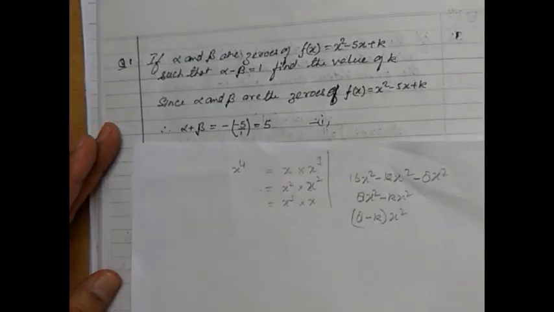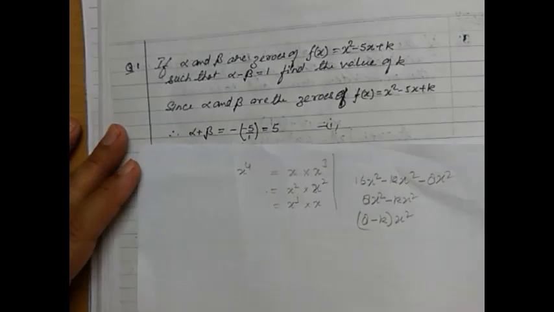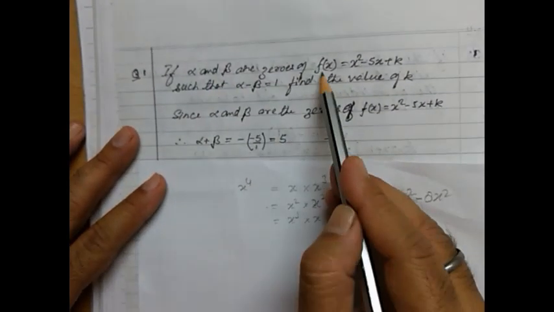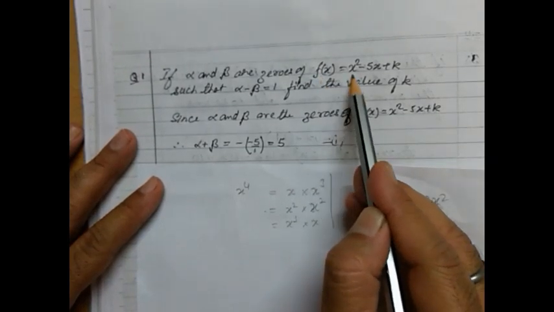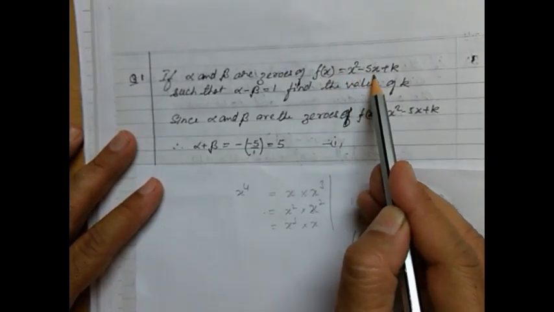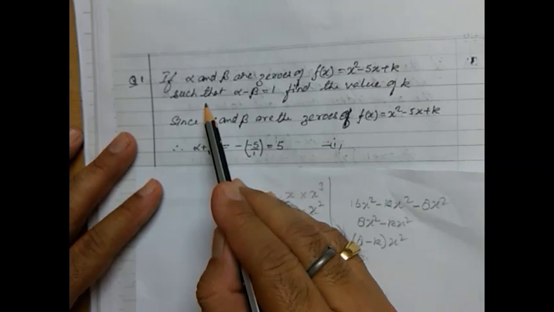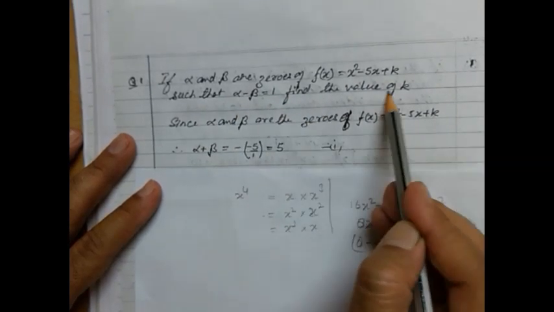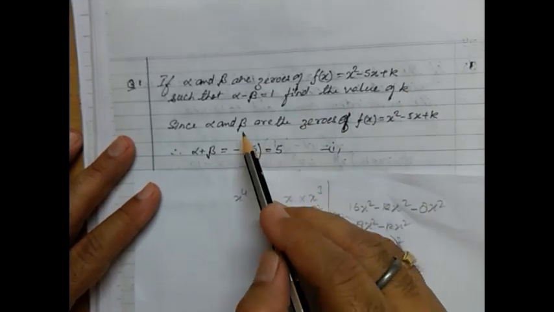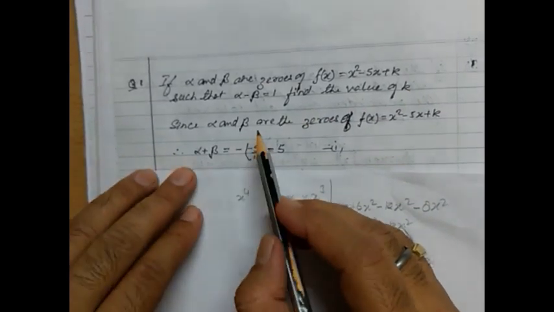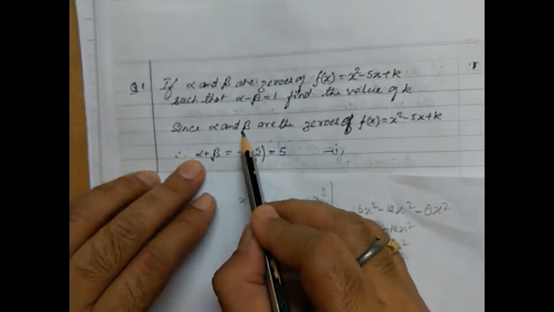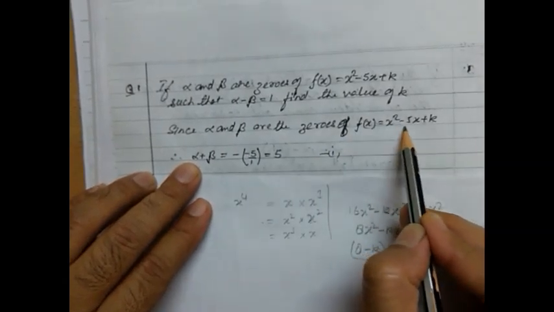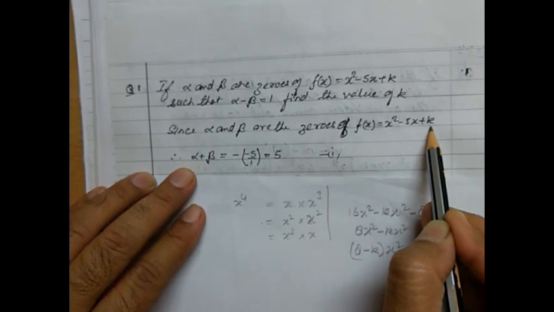Okay, now I take up one question which has already been asked in the board. Number 1: if alpha and beta are zeros of the polynomial f(x) is equal to x square minus 5x plus k, such that alpha minus beta is equal to 1, find the value of k. Now here we are using alpha and beta, these are the given zeros of this polynomial f(x) is equal to x square minus 5x plus k.